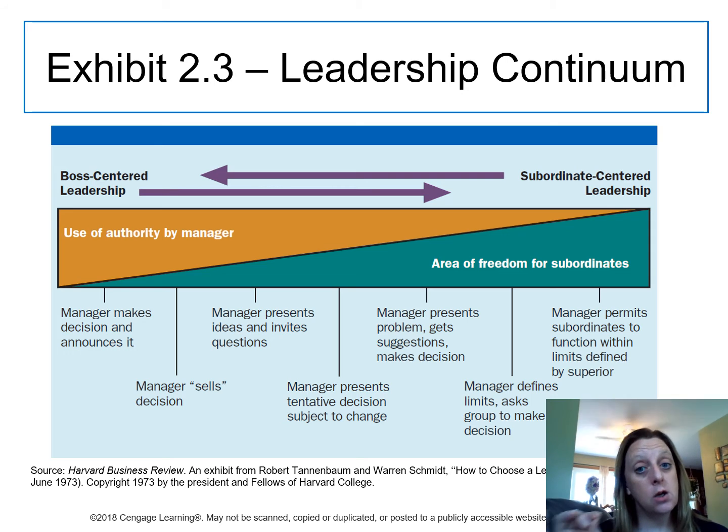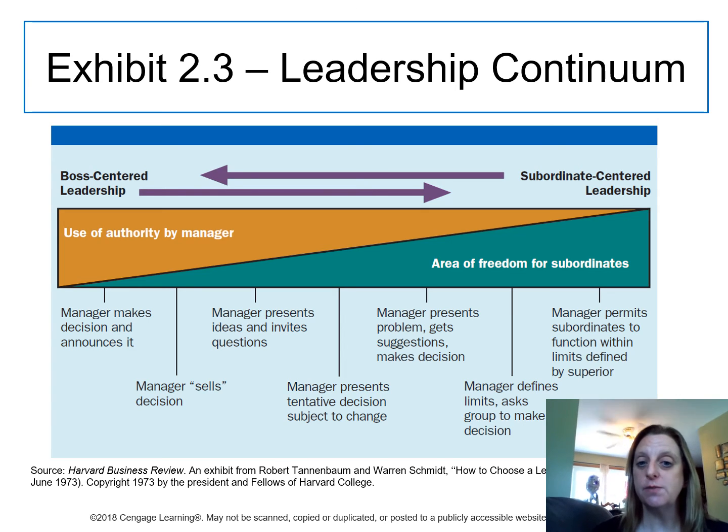Note, the extent to which leaders may be boss-centered or subordinate-centered depends on organizational circumstances, and leaders might adjust their behaviors to fit those different circumstances.